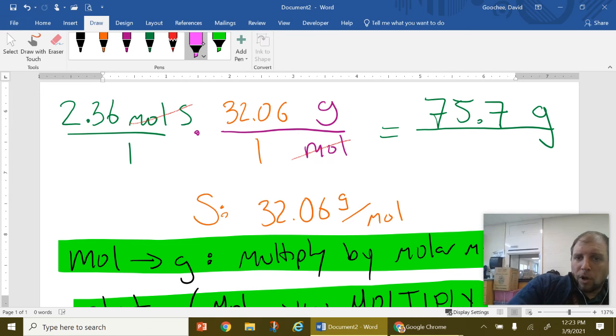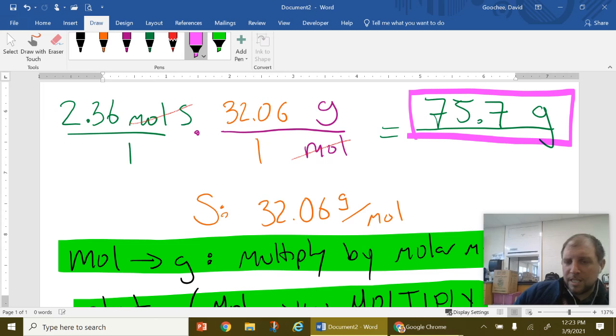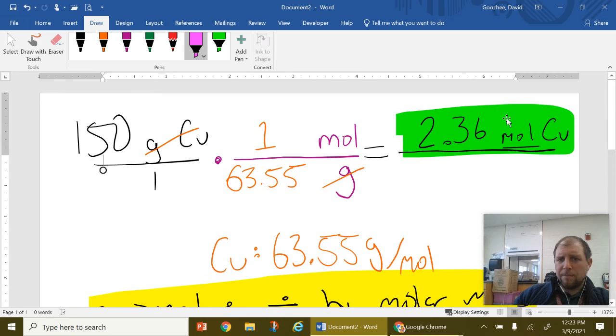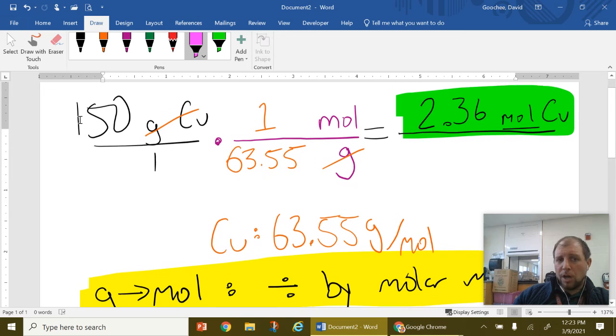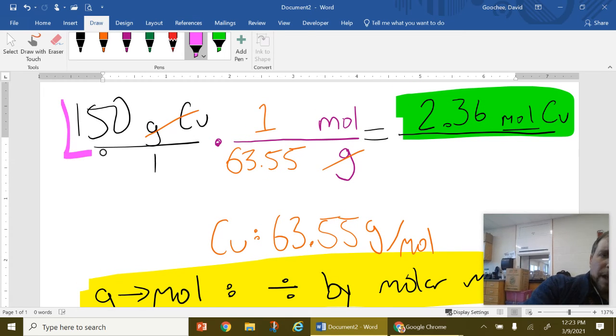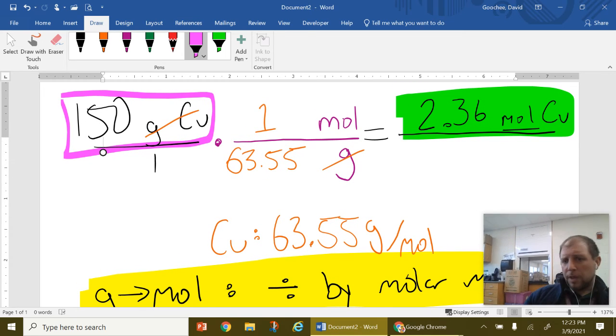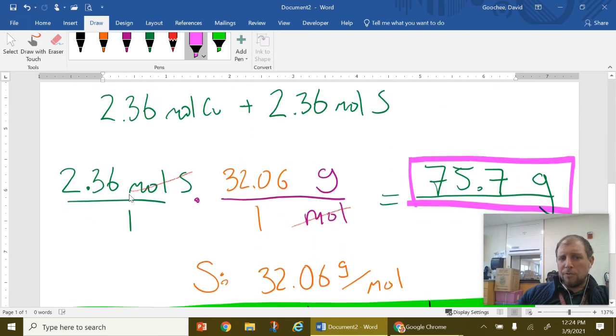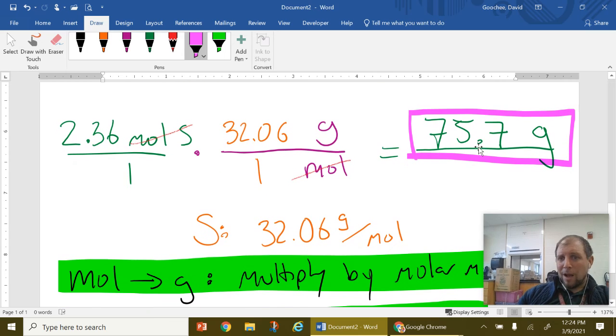And again, let's just pause and appreciate the significance of this. What we've done with some simple calculations is we've figured out that if we're starting with 150 grams of copper, then by converting that into a number of copper atoms and comparing it to what number of sulfur atoms we need, we can figure out what mass of sulfur we need.